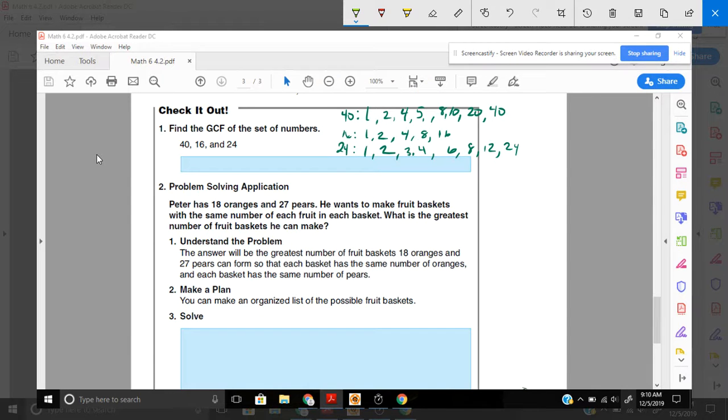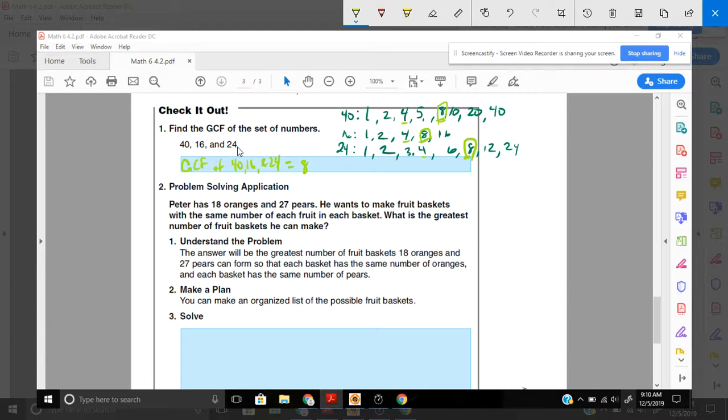So 1, yes. 2, yes. 3, no. 4, yes. 5, no. 6, no. 7, no. 8, they have in common. 10, no. 16, no. 12, no. 20, no. It looks like the greatest of these that they have in common is 8. So the GCF of 40, 16, and 24 is 8.